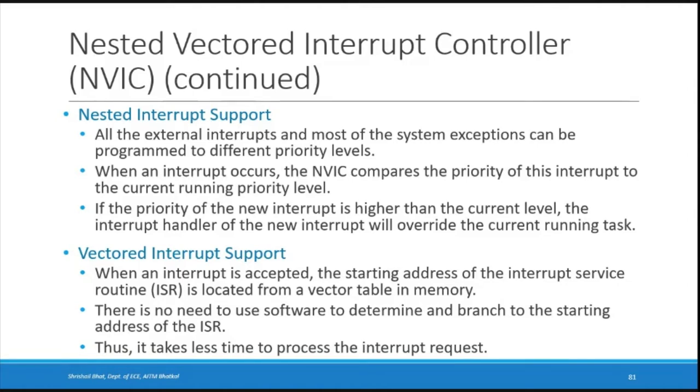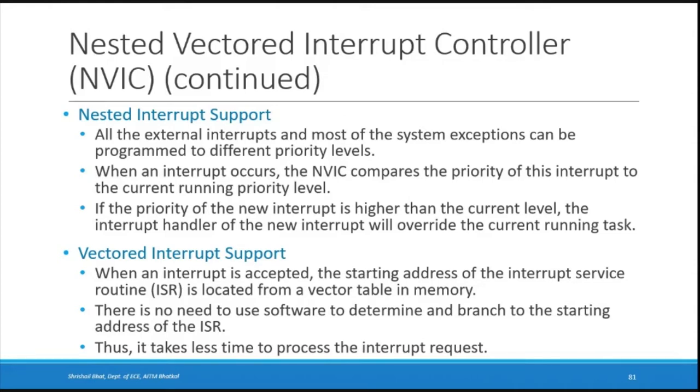So all the external interrupts and most of the system exceptions can be programmed to different priority levels. Each of the exceptions or interrupts can have different priority levels. When an interrupt occurs, the NVIC compares the priority of the newly arrived interrupt to the priority of the currently running interrupt. If the priority of the new interrupt is higher than the current level, then the interrupt handler of the new interrupt will override the current running task.